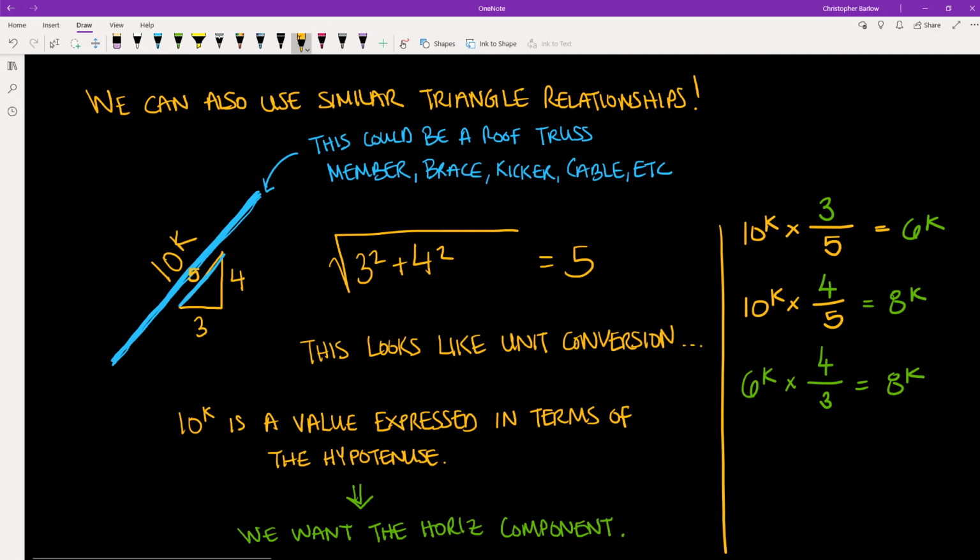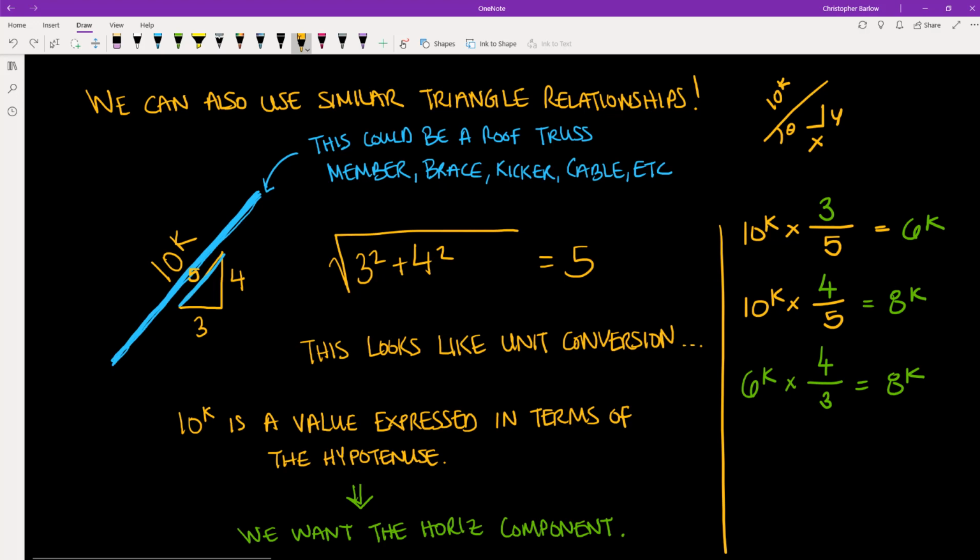So if you see a problem set up like this, where you have a diagonal member with some kind of similar triangle relationship set up, and you need to solve for the components, what you don't want to do is try to solve for an angle and then use trig functions. You will just get yourself very confused.